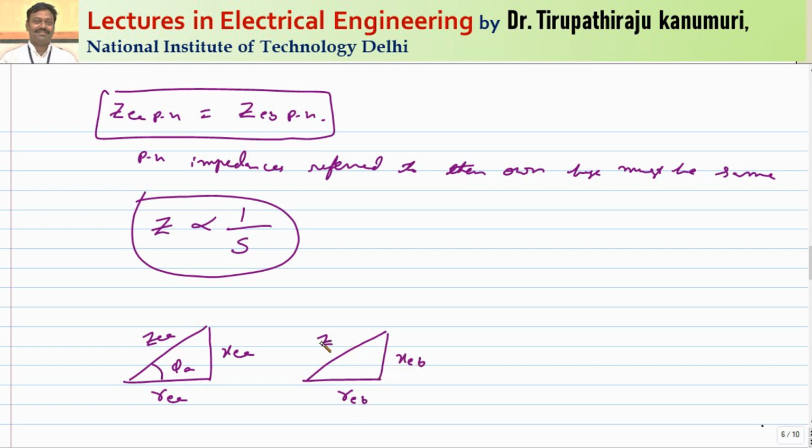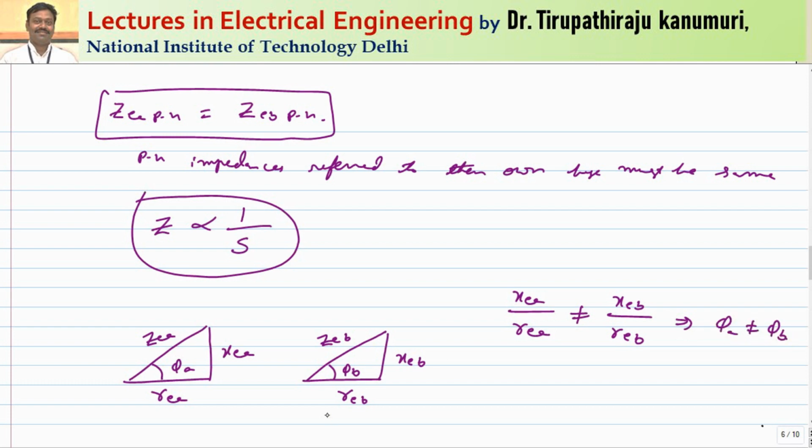So this will become equal to ZEB. Let us represent the impedance angle of the second transformer as phi B. Getting it? So let us take for example, if XEA divided by REA is not equal to XEB divided by REB, in that case we can say phi A will not be equal to phi B.